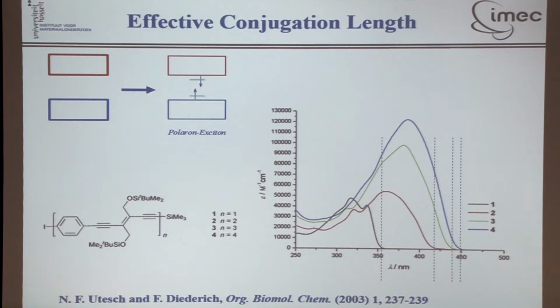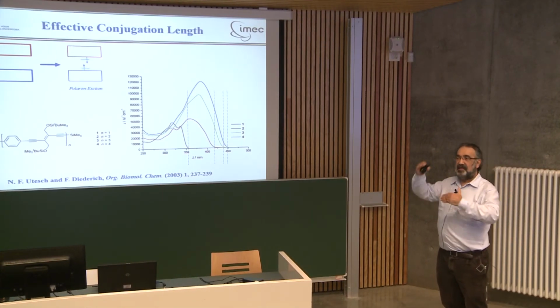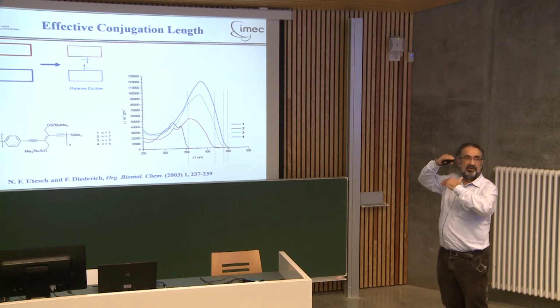As these are conjugated systems, they feel each other. So your system becomes larger and larger, and typically what you see in the optical spectra is that the onset of the absorption band shifts to longer and longer wavelength. That is because if the system is more delocalized, the energy levels of HOMO and LUMO come closer together.